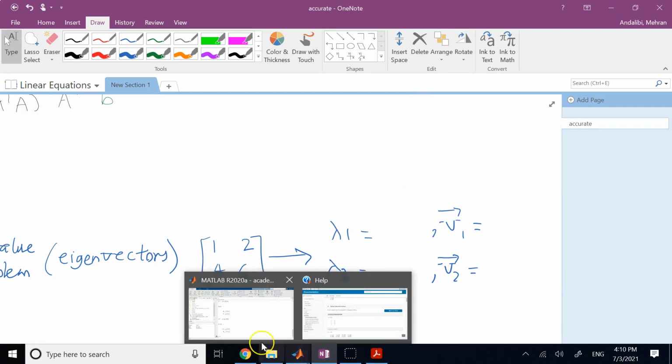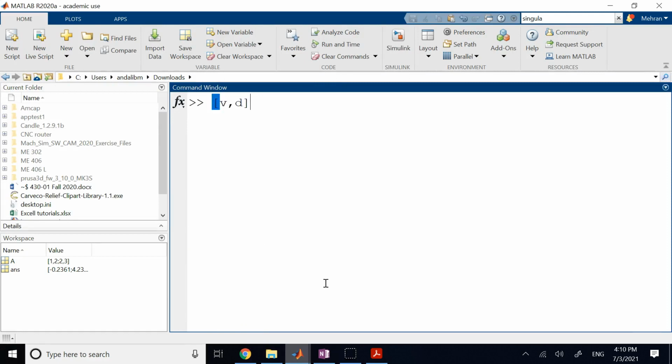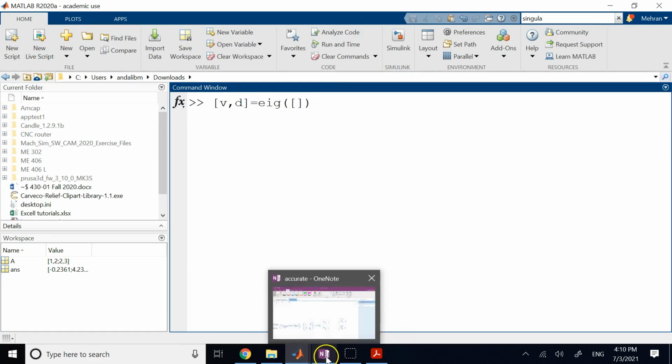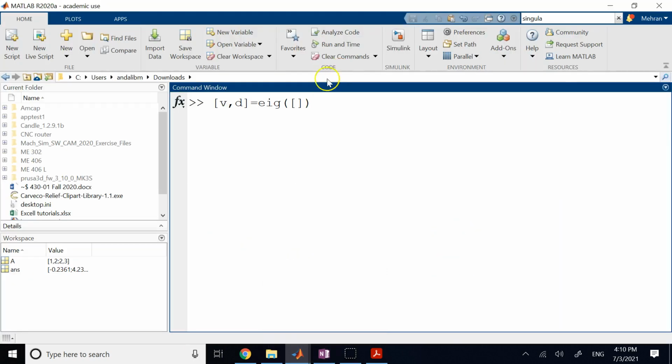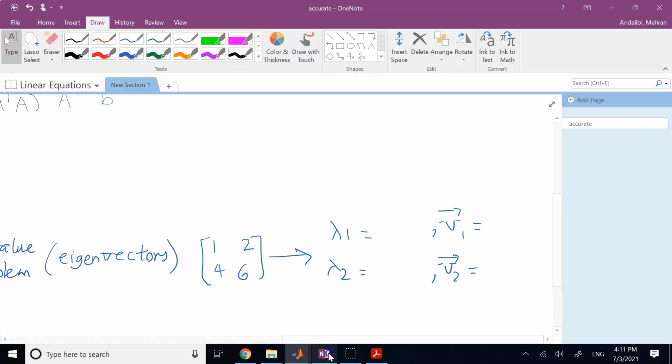Let me show you that. 1, 2, 4, 6. So here I say [V, D] equals eig of, and then it was again 1, 2, 4, 6. And you see that the eigenvalues are negative 0.27 and 7.27.